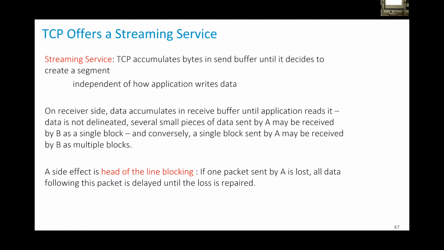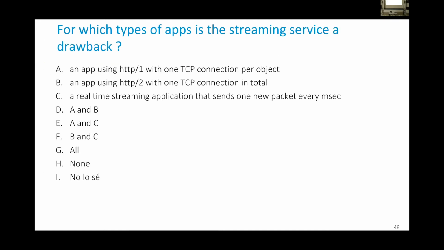They are probably present in the socket receive buffer, but the application will not be able to consume them. So the delivery of this packet is delayed, which means the delay perceived by the application is increased by the loss of a packet here. For which types of applications do you think that such a behavior would be a drawback?